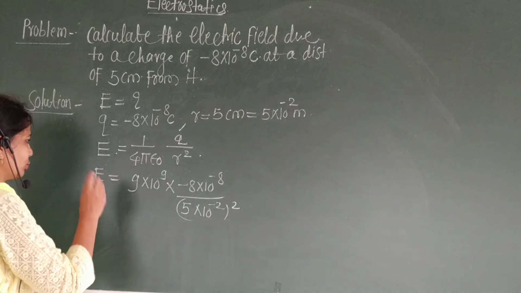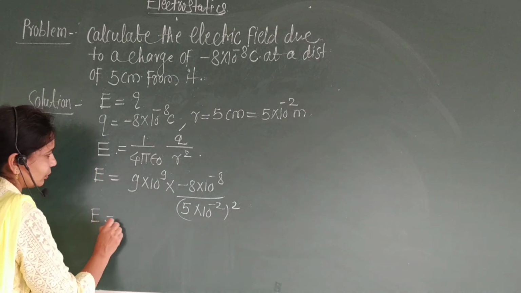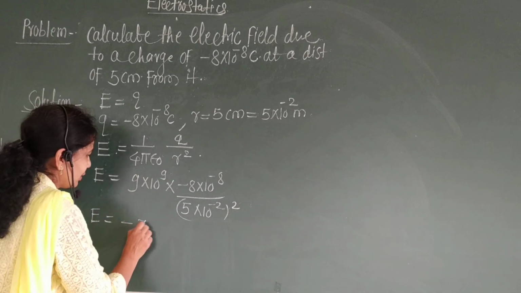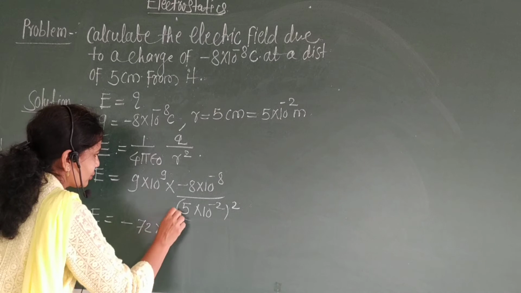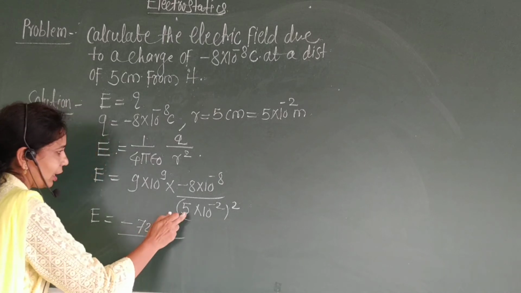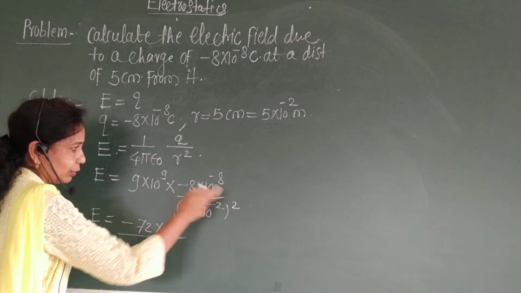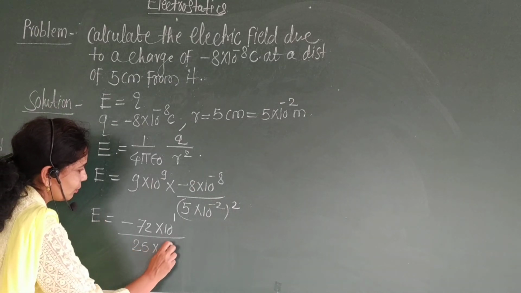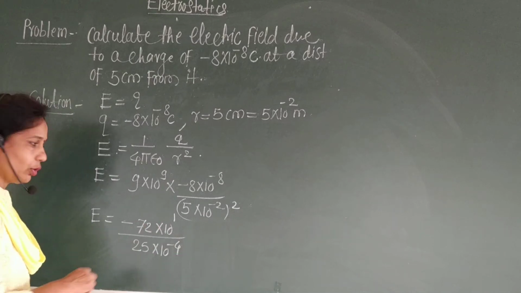Put the substitution. Therefore, E is equal to 9 into 8 is -72 into 10 raised to 1. Okay. Upon 5 square is 25 into 10 raised to -4. Okay.